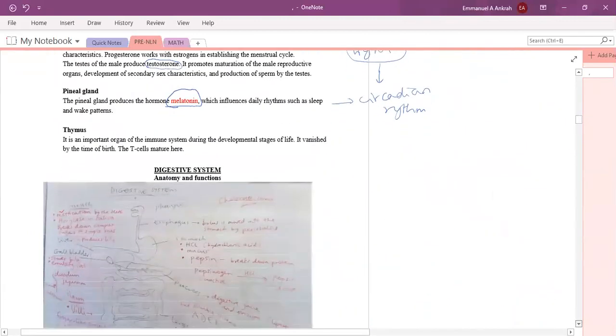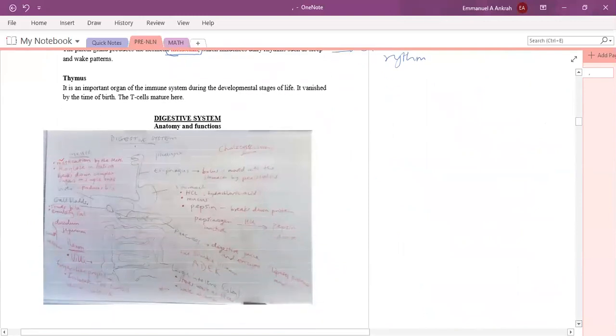So T lymphocytes, that's where the word T comes from. They go to school in the thymus to be trained so that they can identify your tissue as you and not a foreign tissue.